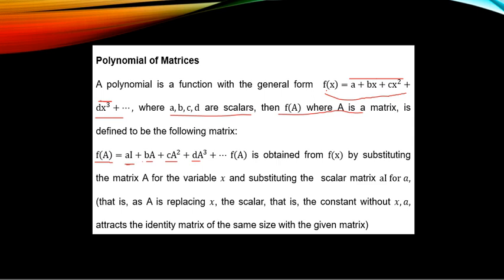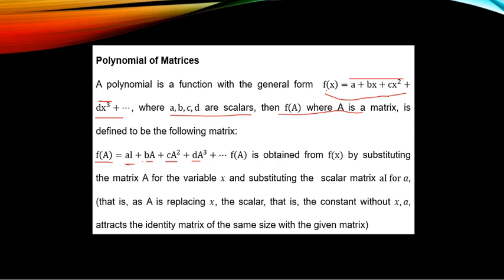I told us in lesson 1 that an identity matrix is a diagonal matrix, a square matrix, such that all the diagonal elements are unitary, that is 1.